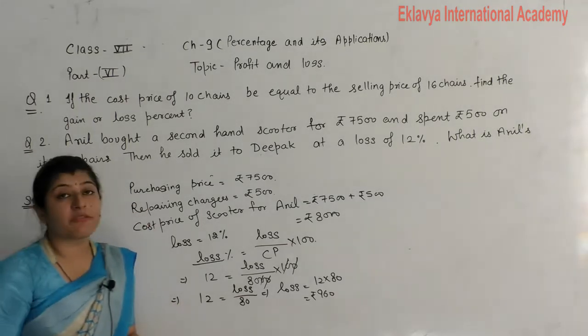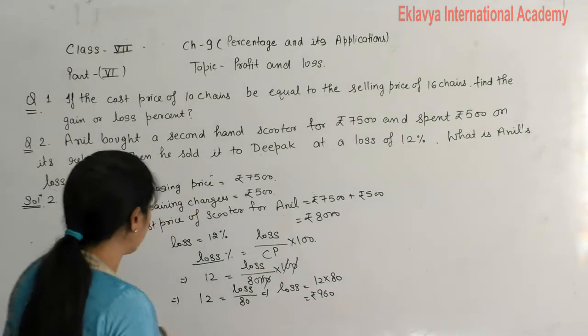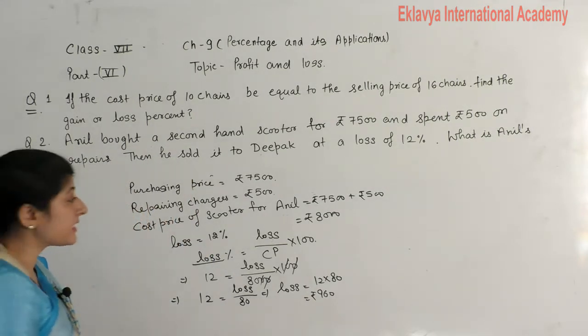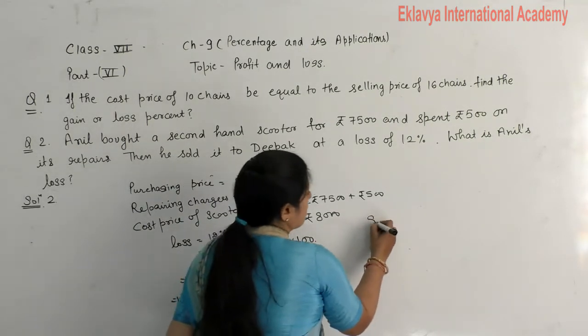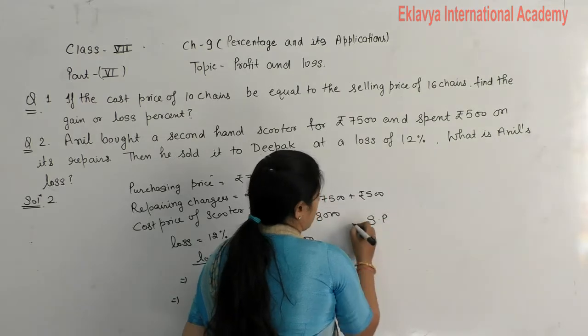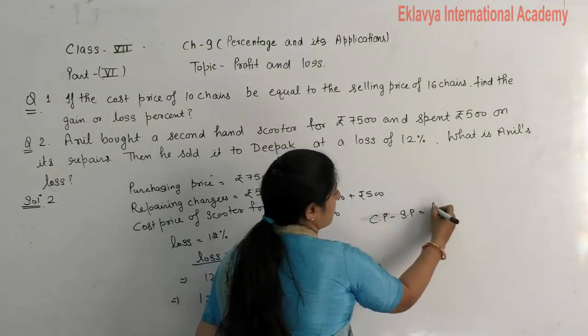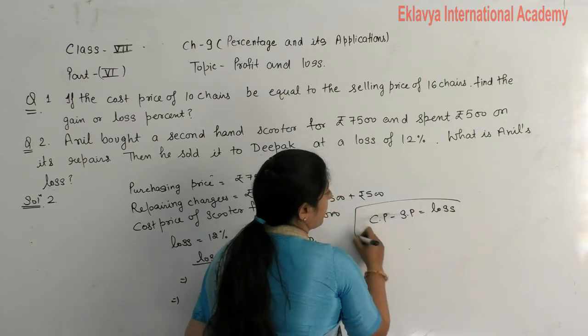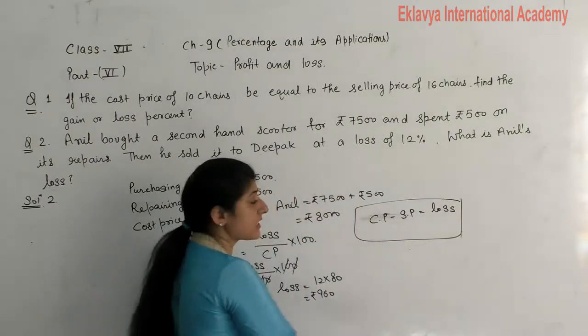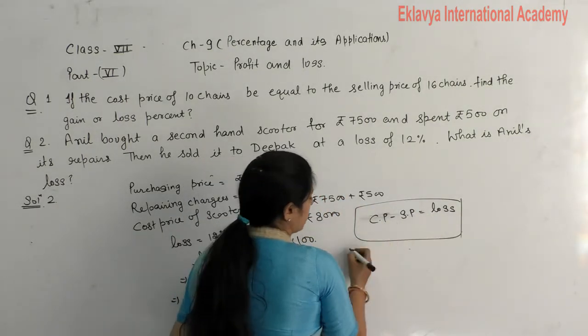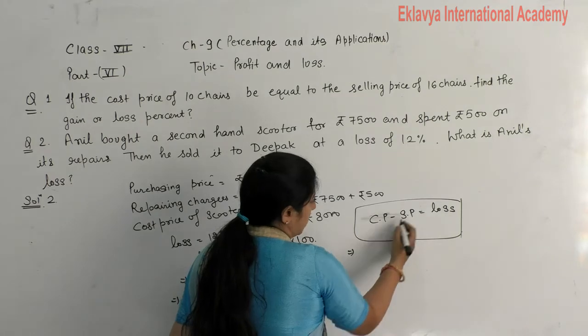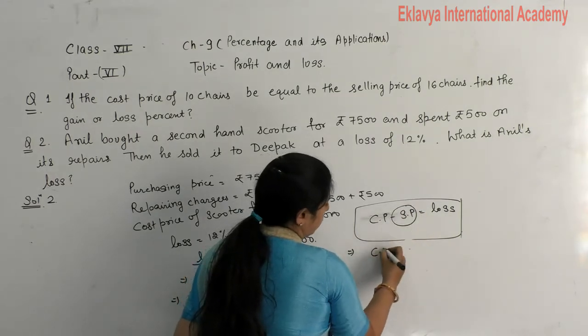Now if we want to find out the selling price, then we know that CP minus SP is equal to loss. Then what is the value of SP?